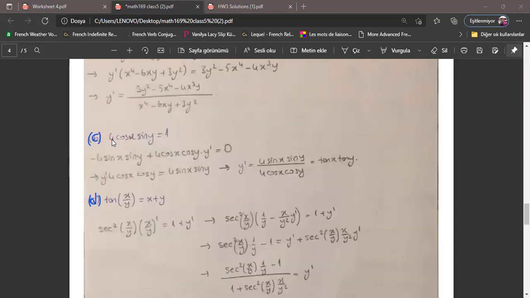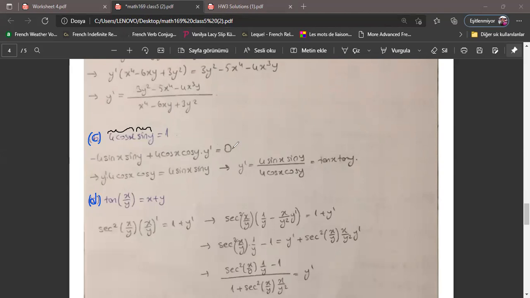Now, what about this? We have 4 cosine x times sine y equals 1. Take the derivative of both sides. We see this part as the first function and this as the second one. The first one's derivative is minus 4 sine x times the second one, plus 4 cosine x times this one's derivative, which is cosine y times this function's derivative, y prime.